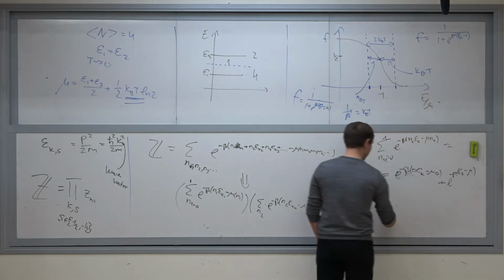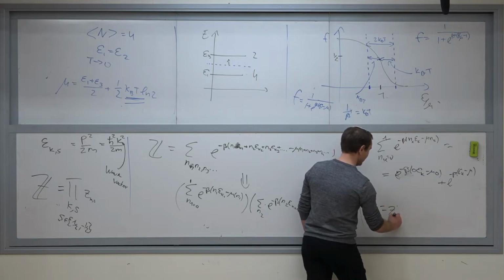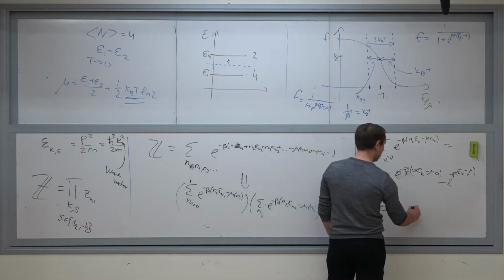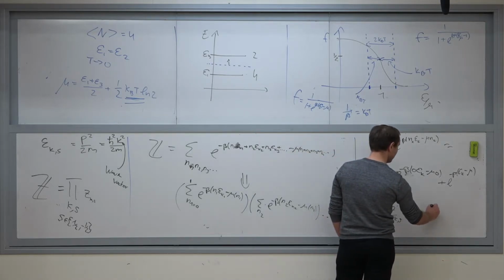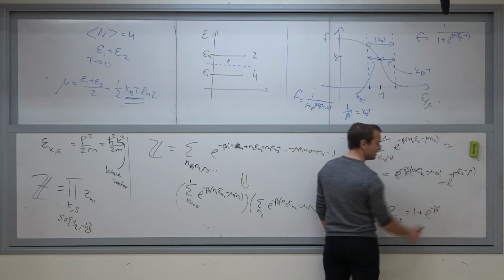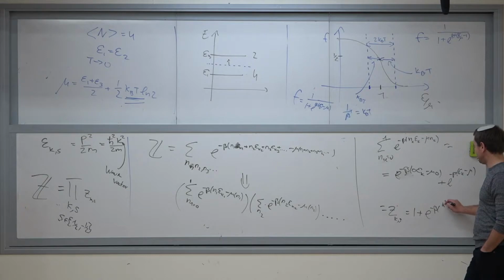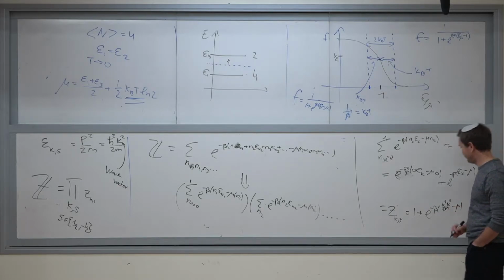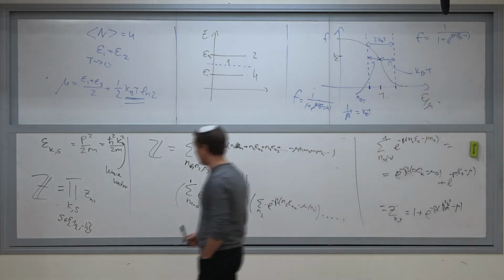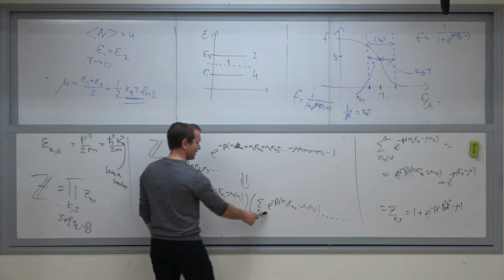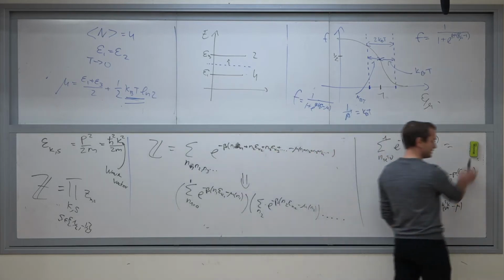And this is simply z_ks. It does not depend on s, and it is 1 plus e to the minus beta, where instead of epsilon_k we have h bar squared k squared divided by 2m, minus mu. This is this z, and we have a multiplication of a lot of them for all different cases.